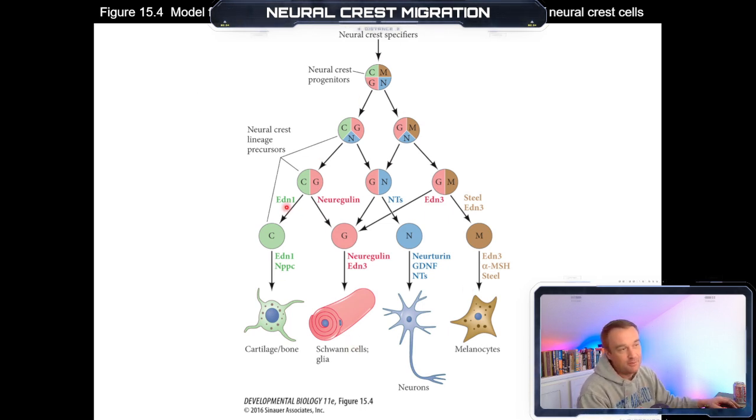The 1,000-year view for this one, the whole message, is we have these stem cell-esque progenitor cells where they have 4 different fates, and they've all migrated from the neural crest. Depending on what genes are expressed, they differentiate into these 4 different cell types, right?